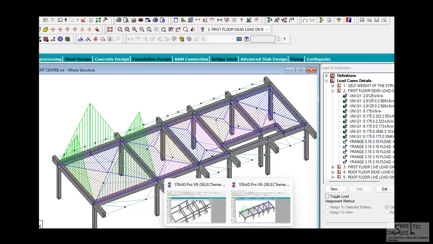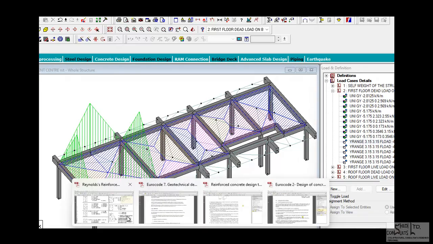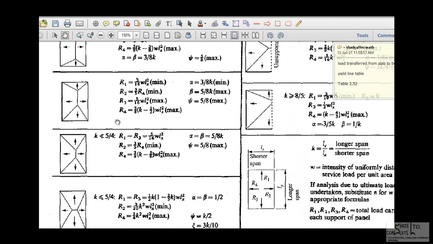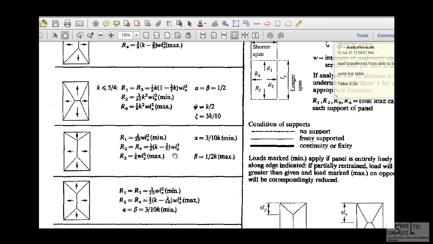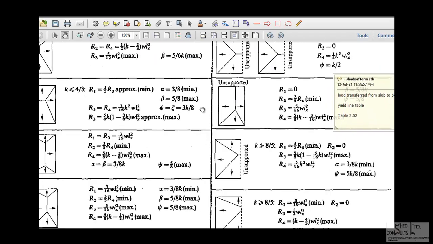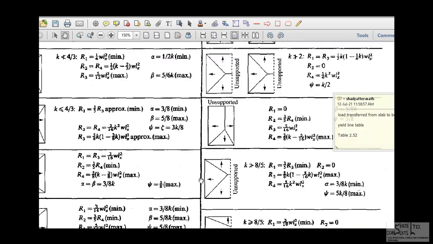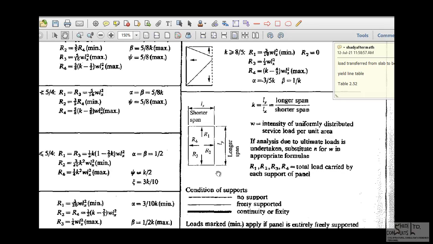So I mentioned earlier that the loads that the beams will be seeing is a function of the yield line formation on the slab. So as the slab fails, the loads will be transferred to the beam. So the equations for determining those loads that the beams will be seeing are carefully captured in the designer's manual in table 2.52.